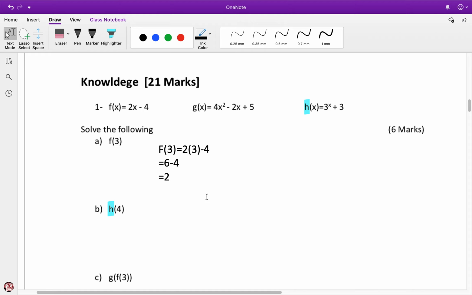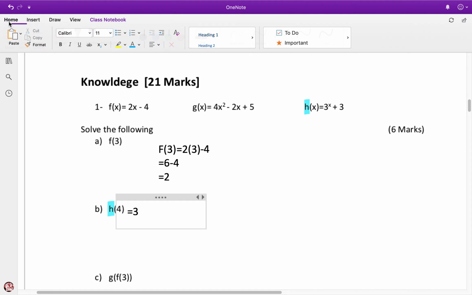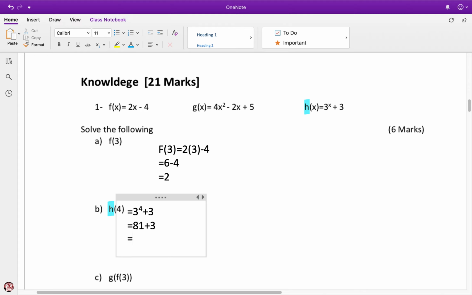So that equals 3 to the power of 4 plus 3. So 3 to the power of 4 is 81. 81 plus 3 equals 84.